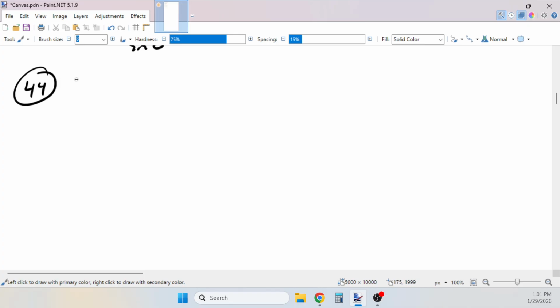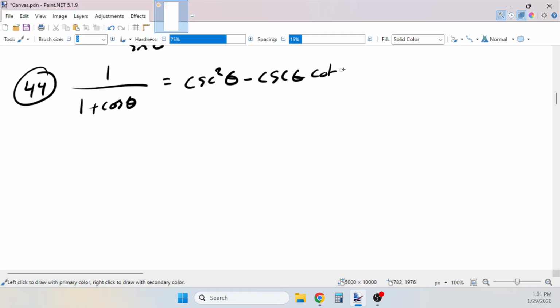Number 44. We have 1 over 1 plus cosine theta is equal to cosecant squared theta minus cosecant theta cotangent theta. I'm going to start with the right-hand side. This looks a little bit more messy to me. The first thing I'm going to do is factor out the cosecant theta.